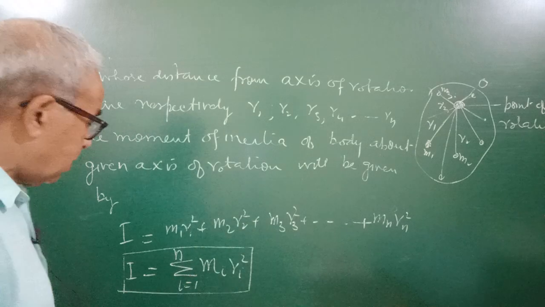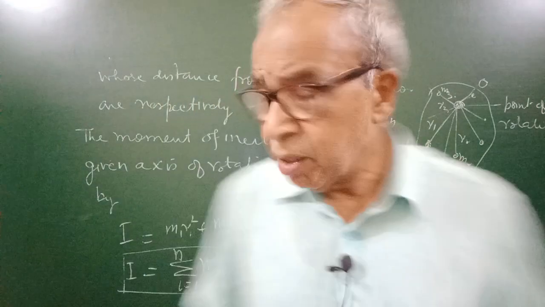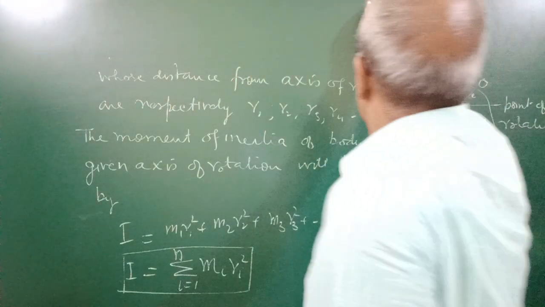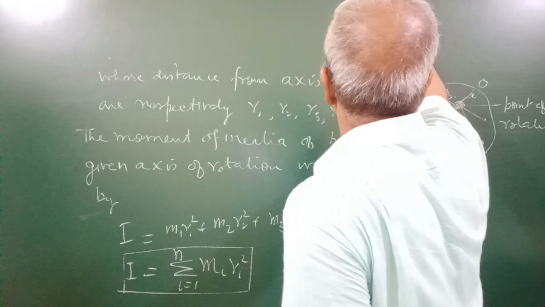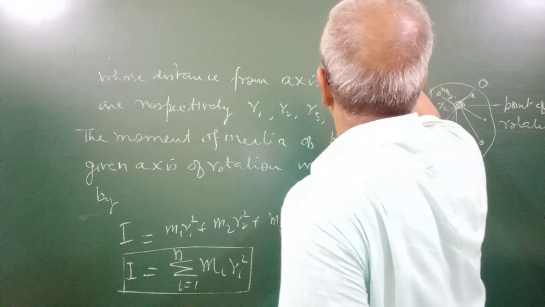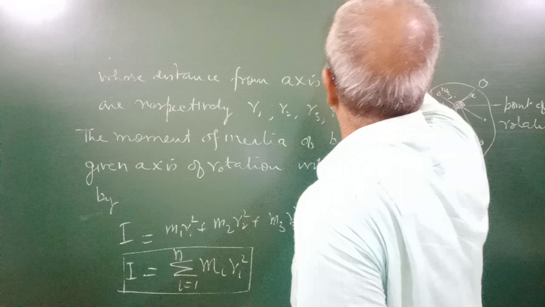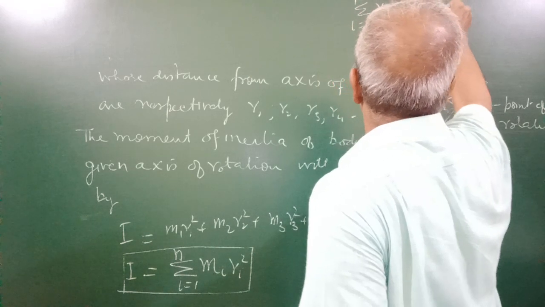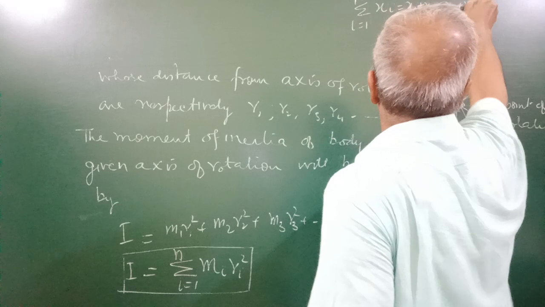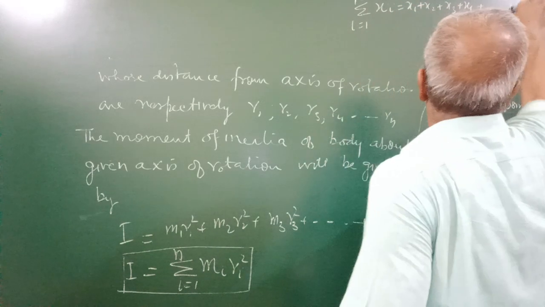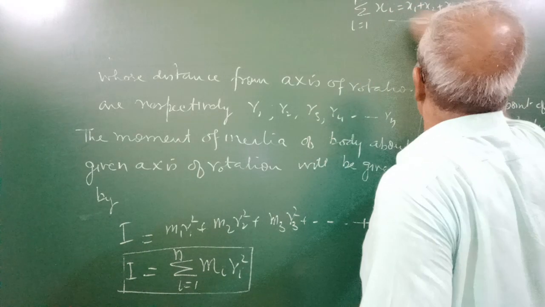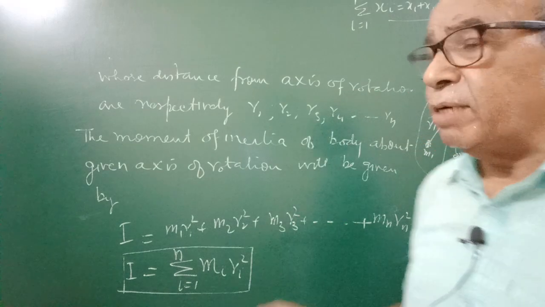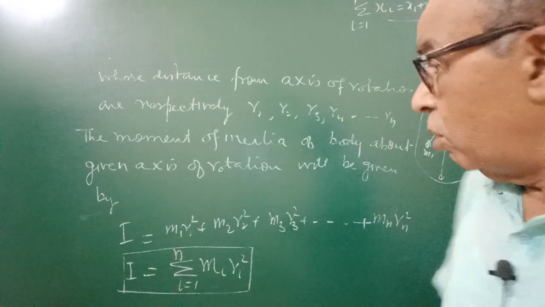Now you must understand this summation. Suppose I write summation of x i, for i equal to 1 to 10. It means x1 plus x2 plus x3 plus x4 up to x10. That is what it means. Try to understand what the summation means.